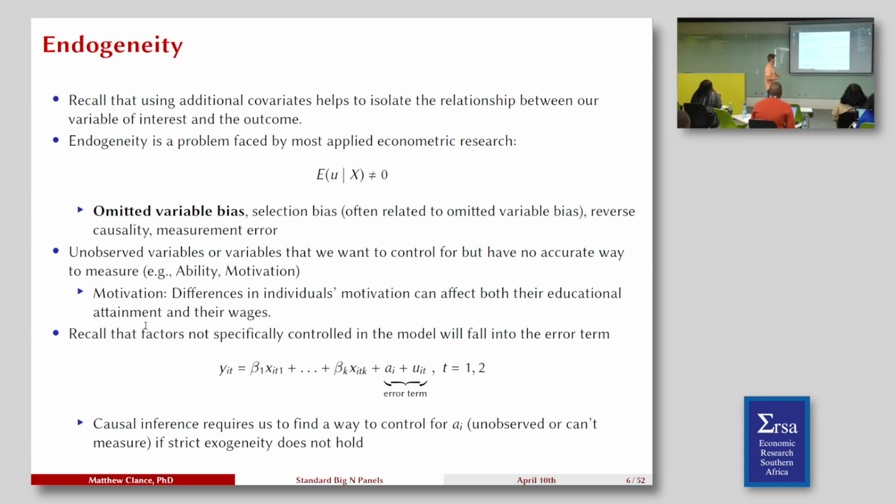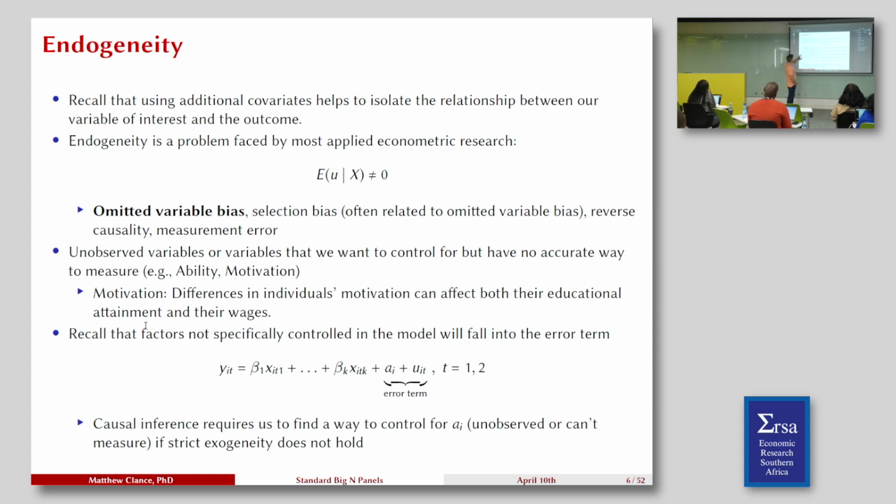That's problematic. But it is often related in some ways to omitted variable bias, so I can put those together. The ones I'm not going to refer to too much are reverse causality and measurement error, but they all fit into the same thing: there's some type of process causing the issue where we have a relationship between the error term and the other right-hand side variables.